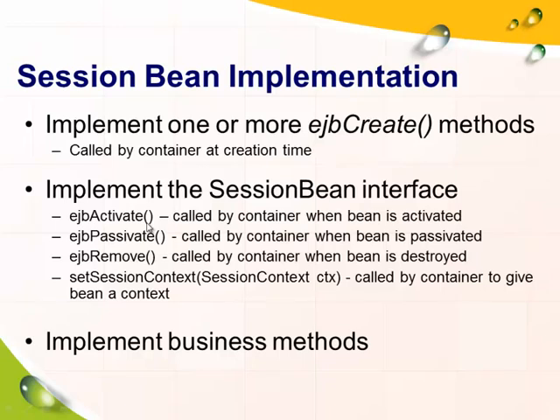Now if you say that in my session bean I am not using a database, I am not using session, I am not using files, I am not using any resources, then just write a dummy method called ejbPassivate. There is no step. ejbPassivate, open and close a curly bracket. Okay, that's it. That method has nothing. The server will simply call that method, and because nothing has to be done, it goes on. So you are supposed to write these two.